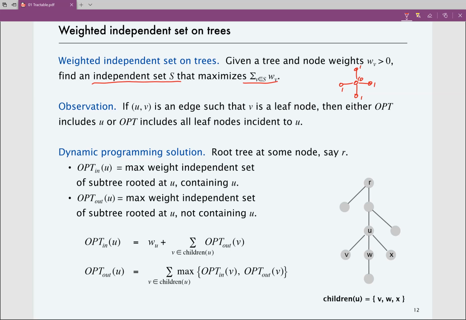Okay, so to solve this problem, again, this is going to rely on an observation.